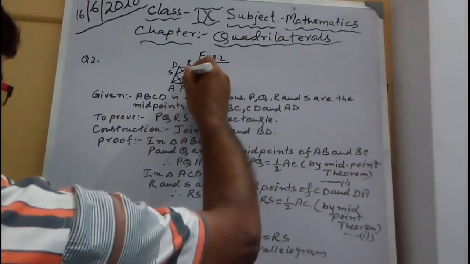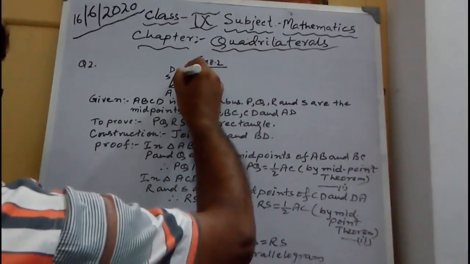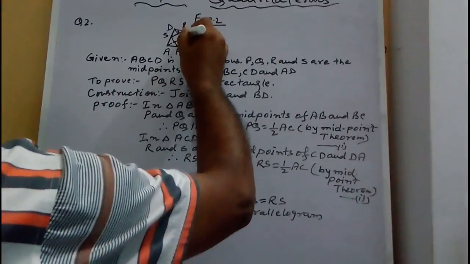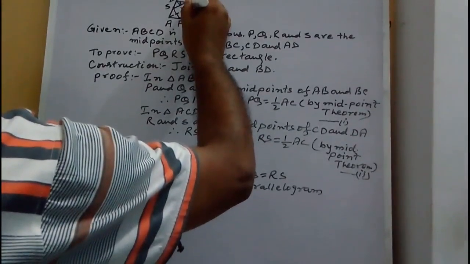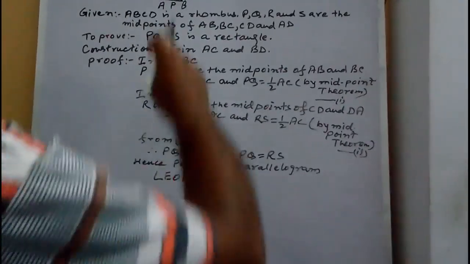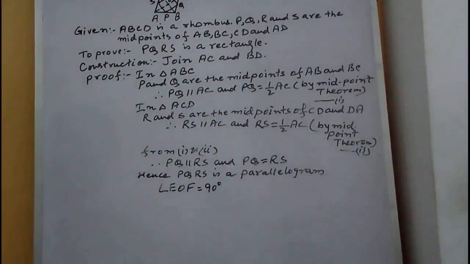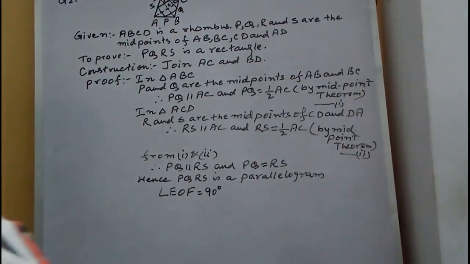That is, O, this point is F and this point is E. So EOF is equal to 90 degrees.